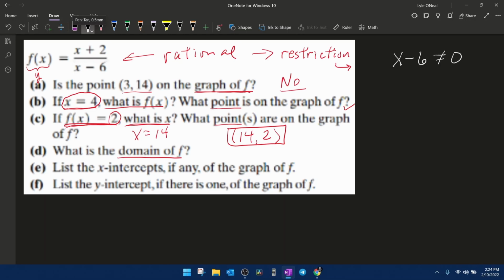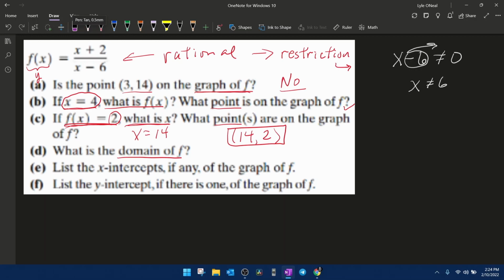So if you're going to find the domain, which means if you're going to find the values that x can be, you need to sometimes look for what x can't be. So in this case, solving for x, we see that x cannot be 6 because plugging in a 6 would make the denominator 0. This is the only value that x cannot be, but if you simply leave this as x cannot be 6, that is not the domain, that's the restriction.